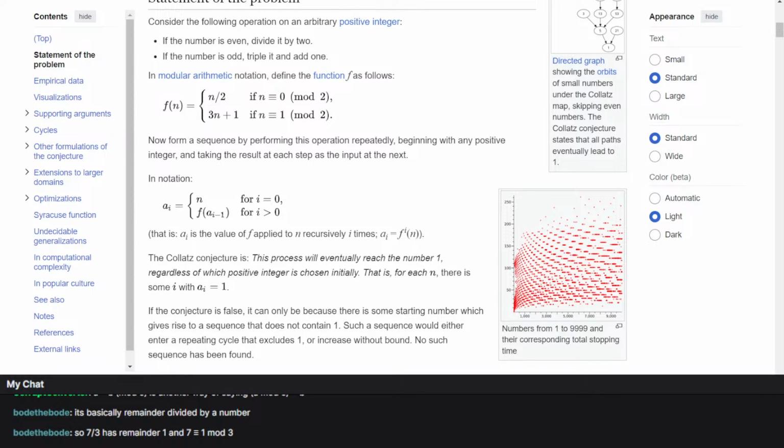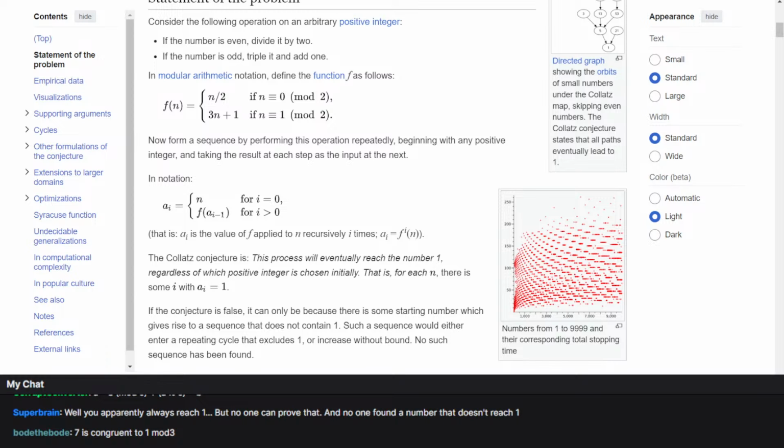Okay, so 7 divided by 3 is remainder 1 and 7... Oh, 7 mod 1. Corrupt Converter says... oh, wait, how do you say it again? So 7 divided by 3 has remainder 1. Oh, and 7... 1 mod.